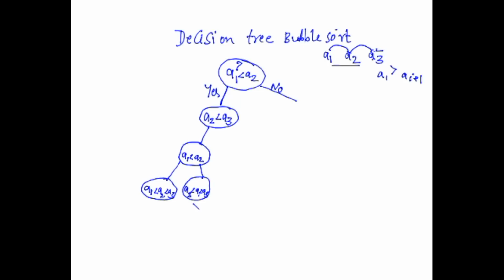But this leaf node is never reachable, because I go to the left-hand side in the first node, since a1 is smaller than a2. I will reach here only if a1 is smaller than a2, and when I go to the right-hand side here, it means that a2 is smaller than a1.